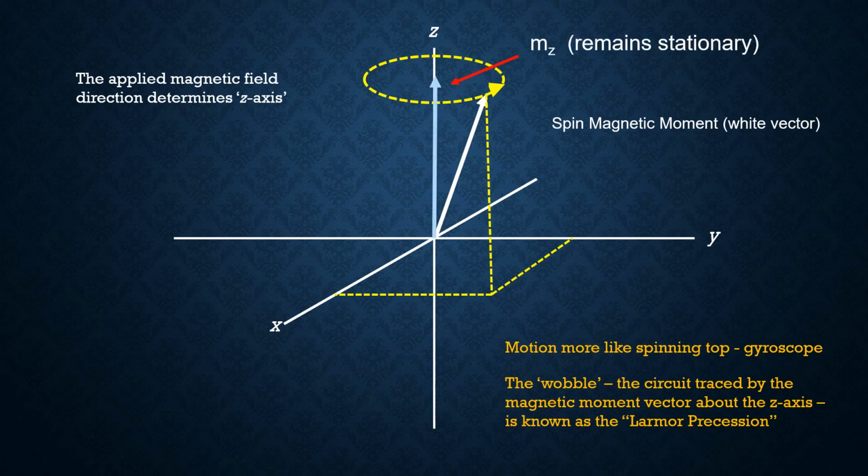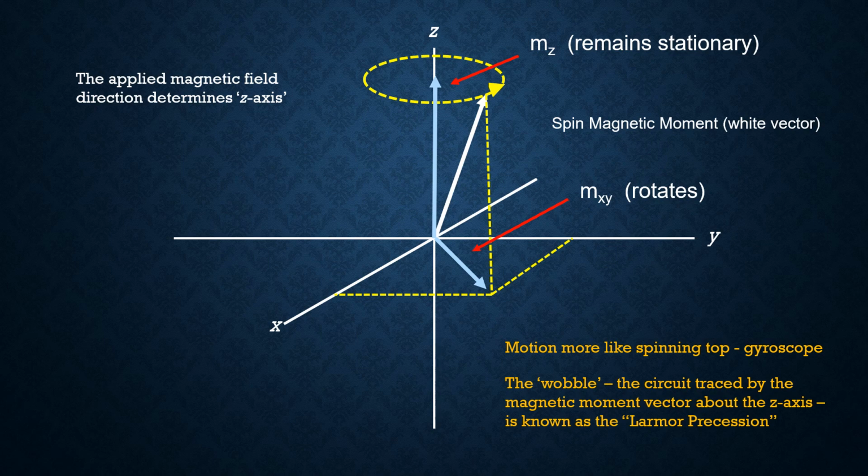And we can resolve a z component along the z-axis, which just remains stationary as the white vector precesses around the z-axis. And then we have the projection onto the xy plane, and this is going to rotate like a clock around the plane as the white vector precesses along that yellow path.